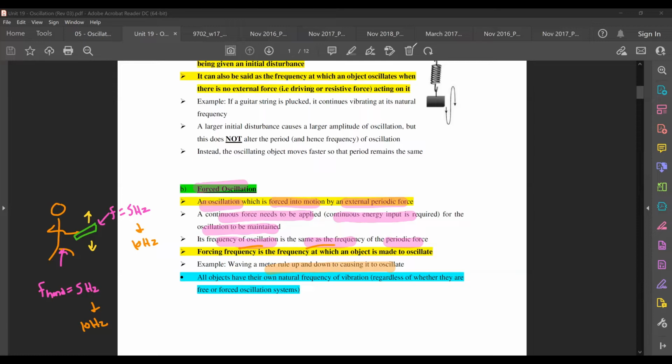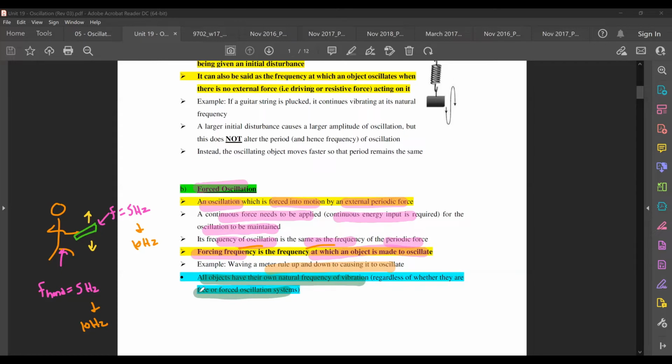The frequency of a forced oscillation system is called the forcing frequency. It's the frequency at which the object is made to oscillate. Now, one last thing I should mention to you is that all objects have their own natural frequency of vibration, regardless of whether they are free or forced oscillation systems.